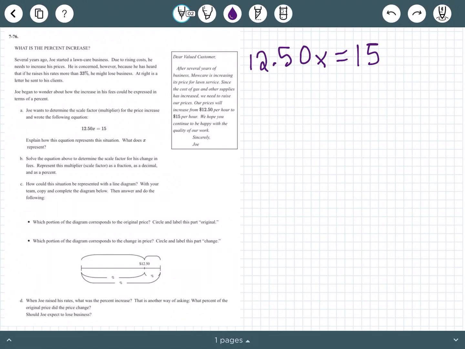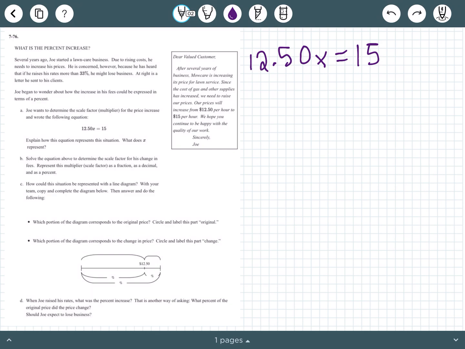This equation represents the situation because this $12.50 represents his original cost per hour. The 15 represents the new cost per hour.